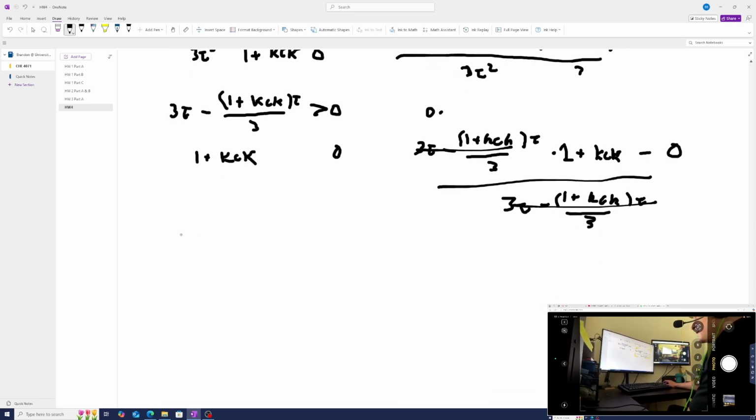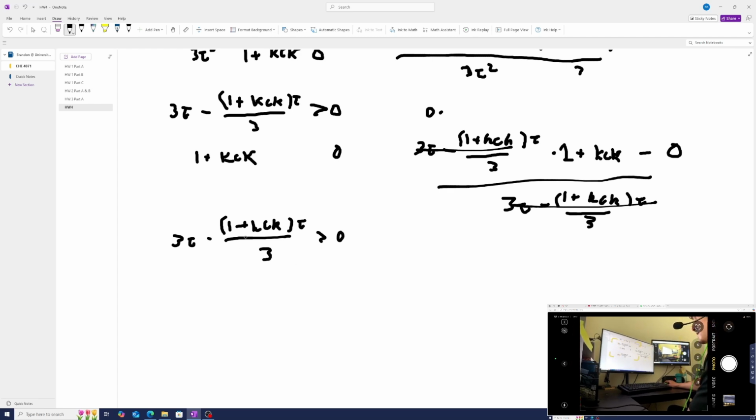So we can move this down to our 3 tau minus (1 plus kck) times tau over 3 is greater than 0.